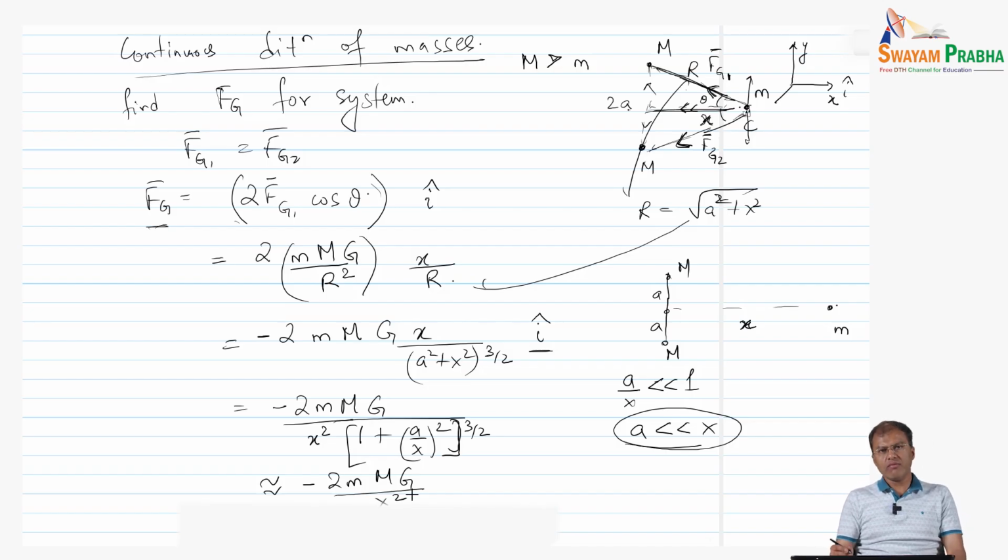So what is the moral of the story here? The moral of the story is that suppose the third mass is kept at a distance which is very far from the two masses, capital M, then our net gravitational force is as if it were the gravitational force for point masses.